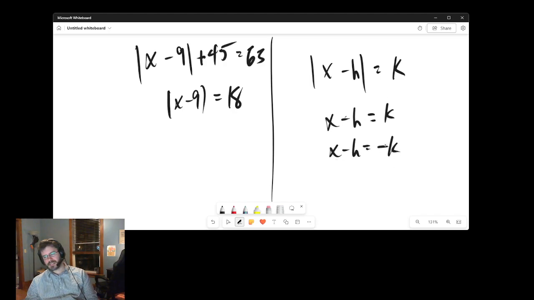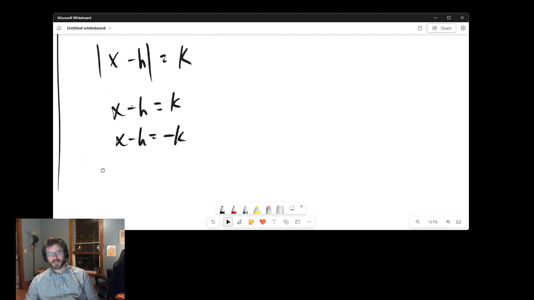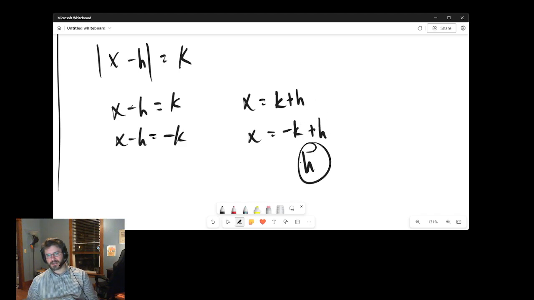So that's the solution. So the solution for this first one becomes x equals k plus h. And the other solution is negative k plus h again. You add those two terms together and you get 2h.